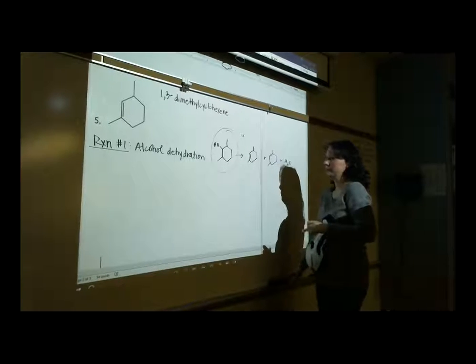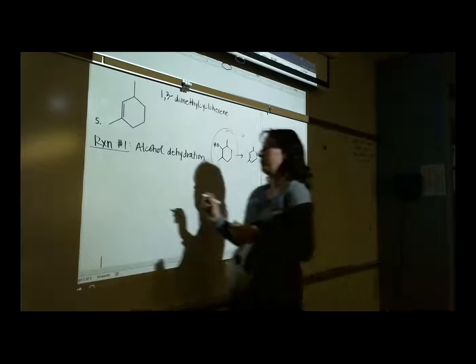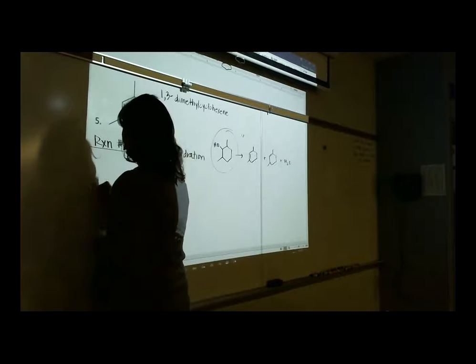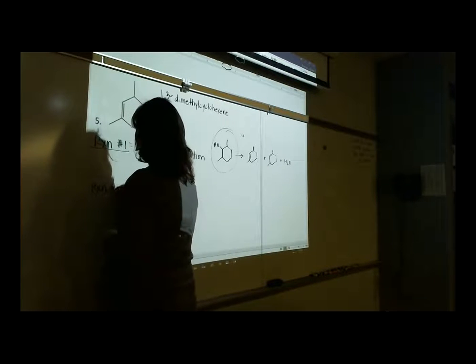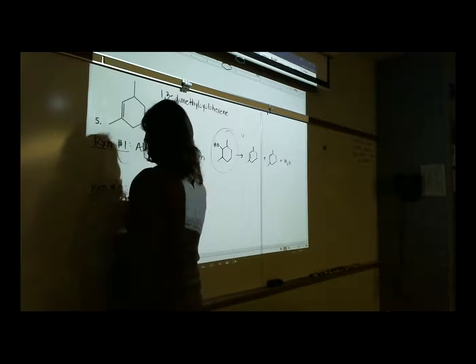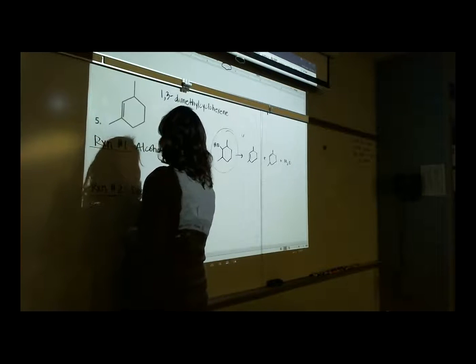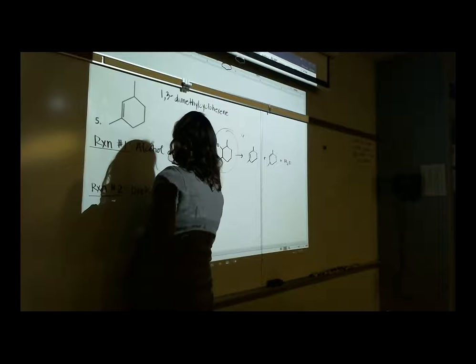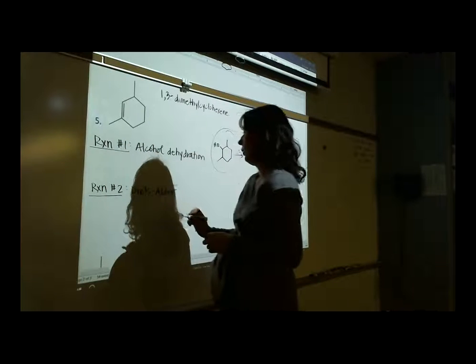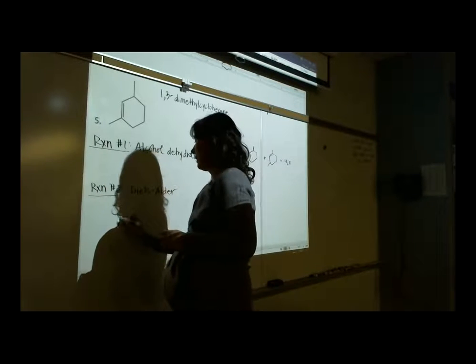Is the second one Diels-Alder? Mm-hmm. Yep. Now, we don't get into all the mechanism of Diels-Alder. We just look at the overall reaction. So what would you need your diene to look like?